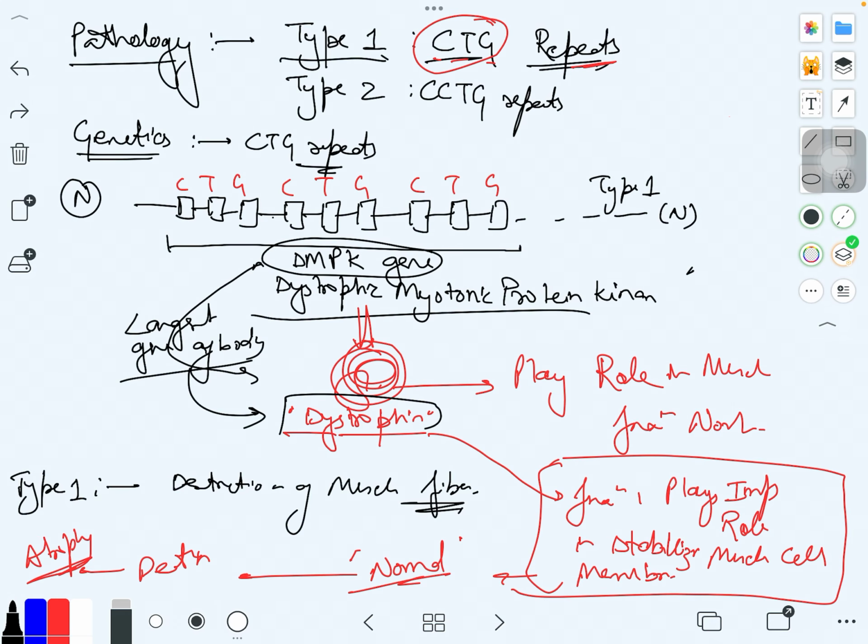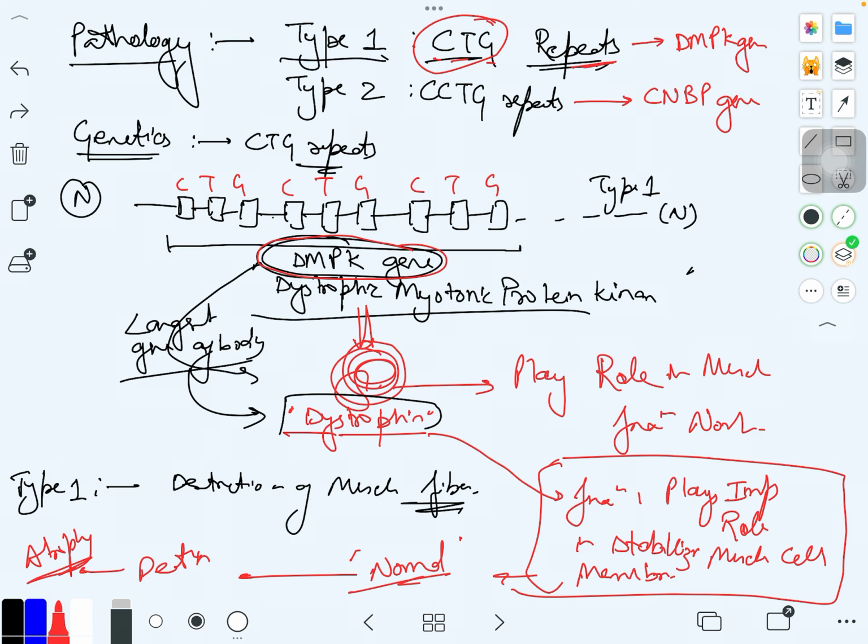So here was the DMPK gene, and here will be the CNBP gene. If you can remember the gene name, that's fine. If you can't, that's also fine.